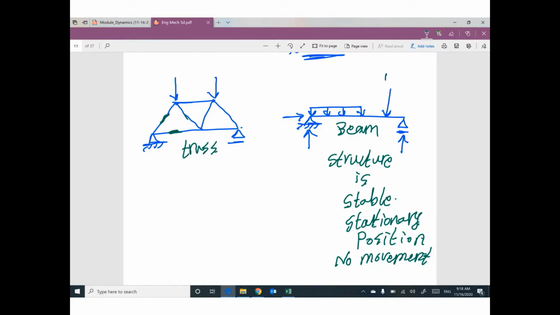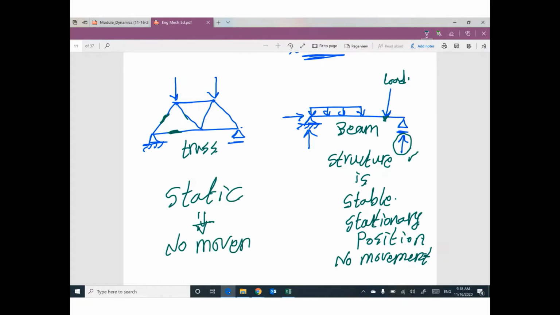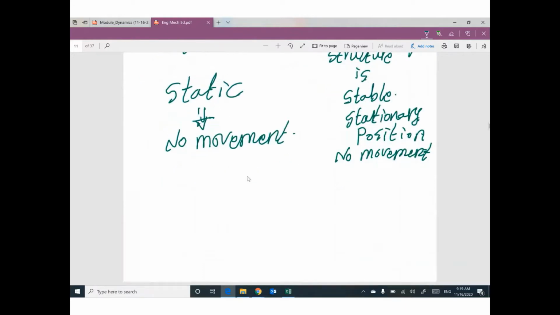This load at the same location. This reaction, the same value, only one value. So we are talking about static. Static means no movement. But today we are going to talk about dynamic.